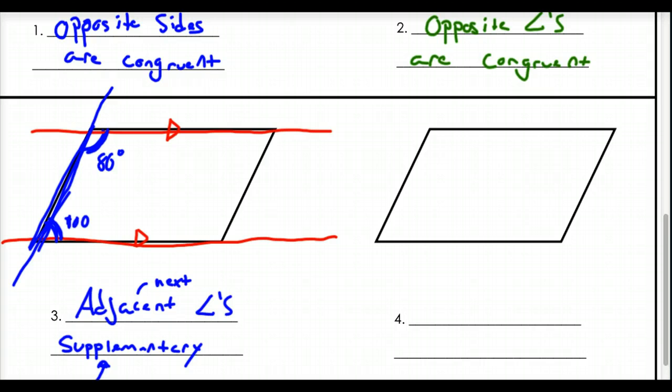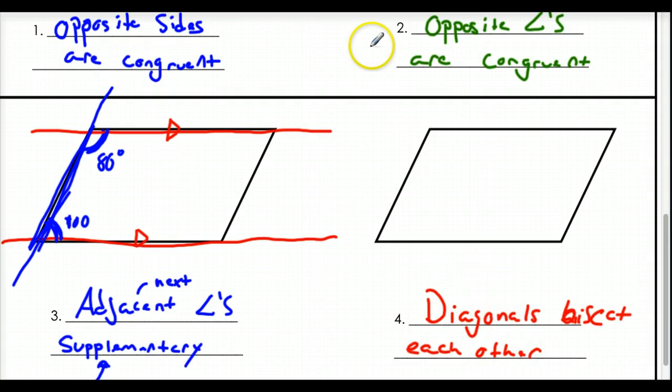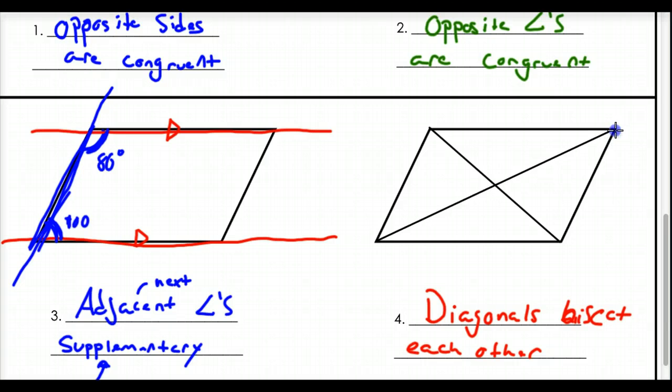And finally, our last fact of the day. We know diagonals bisect each other. So in every parallelogram, the diagonals bisect each other. If we were to take two nice lines, and you should probably draw this with your protractor right now, if I draw these two lines like this, I know these diagonals are going to bisect each other.